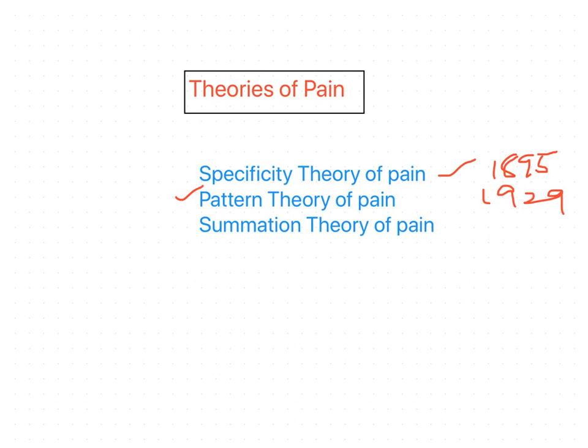According to this pattern theory, there are no specific nerve fibers or endings used just for the sensation of pain, but different sensations such as cold, pain, heat and touch are detected by the same nerves, which is then sent to the brain in specific signal patterns.